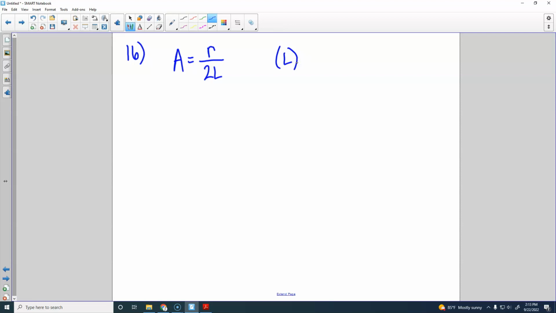All right, so you may want to make yourself a little note here. You cannot solve for a variable if it is in the denominator.